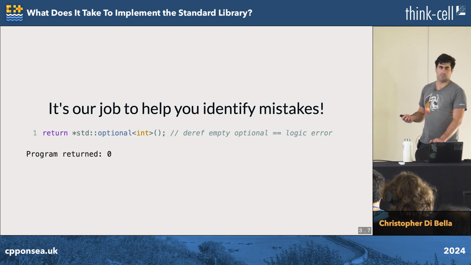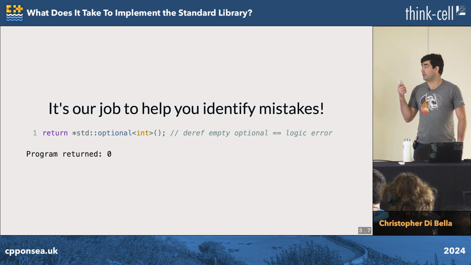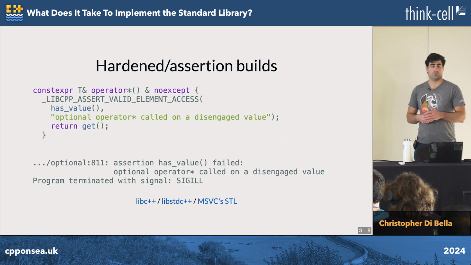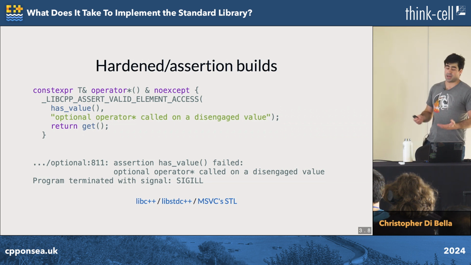Because there are some sanitizers that do require a few hurdles to get over. Since those aren't going to be as widely available, the way in which we would get something like dereferencing an empty optional to be detected is to fall back to design by contract and put in some sort of precondition that will then abort the program with a helpful diagnostic.